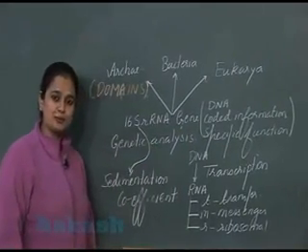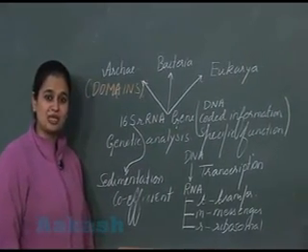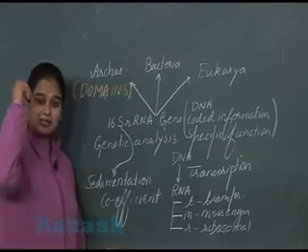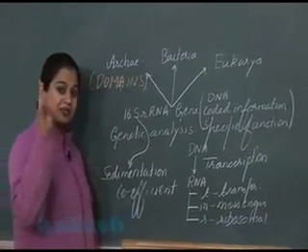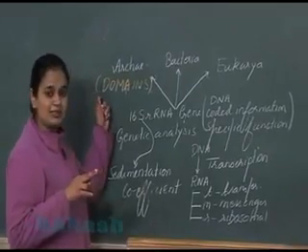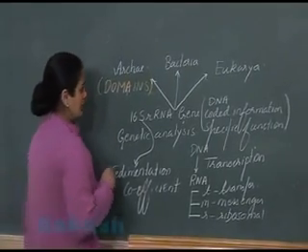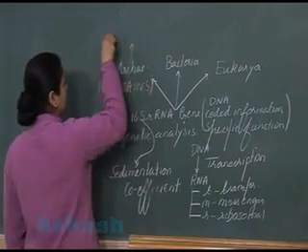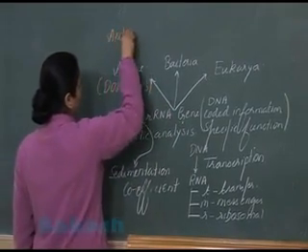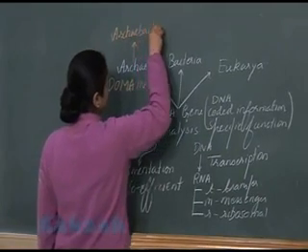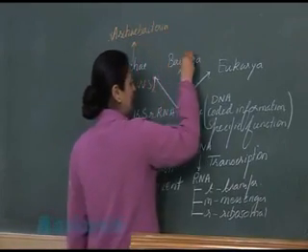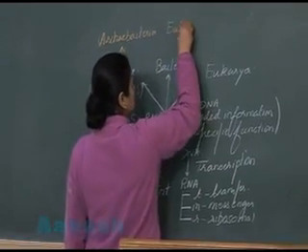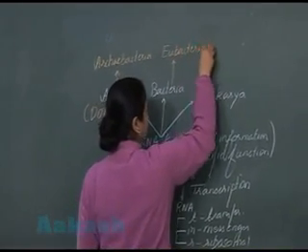Till now, the highest category of classification I have told you is kingdom. But above the level of the kingdom, one more category which I am discussing here is domain. Now, in the domain archaea, the kingdom present is archaebacteria. In the domain bacteria, the kingdom present is eubacteria.